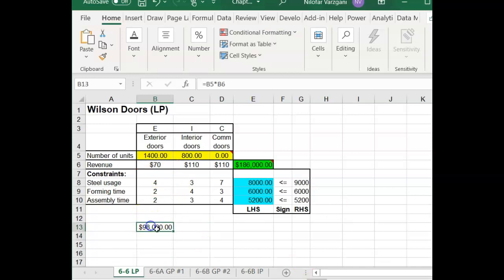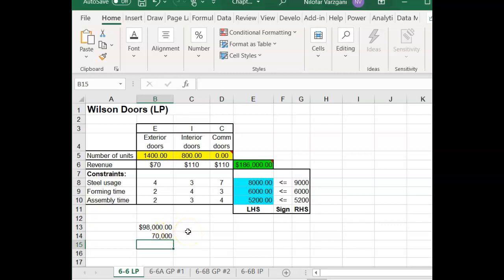You can see here that the current LP solution is telling Wilson that the exterior door sales or revenue is 98,000. So he wants to set a goal or target for his exterior door sales of at least 70,000. I'll put that down here as well, just so that you remember the number.